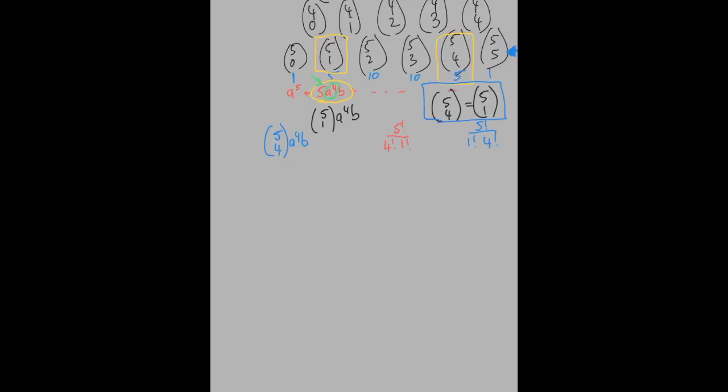So rather than generate the whole row with a list in my calculator, I can simply enter 5 choose 4 directly into my calculator to get that coefficient, instead of generating a whole table. And this is how I do it.